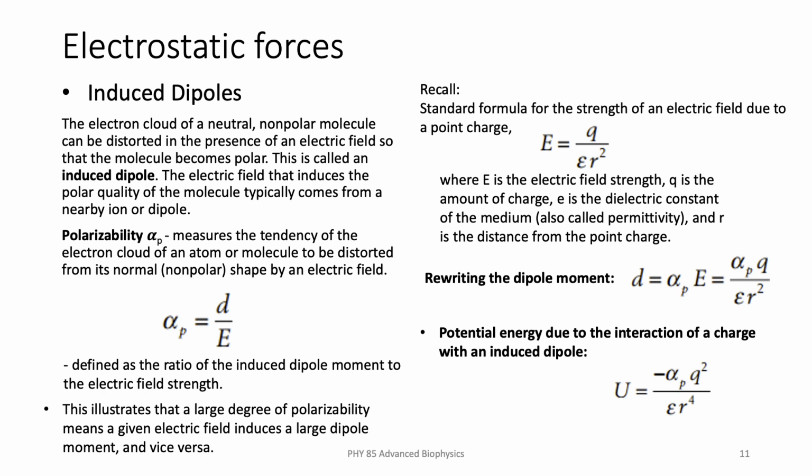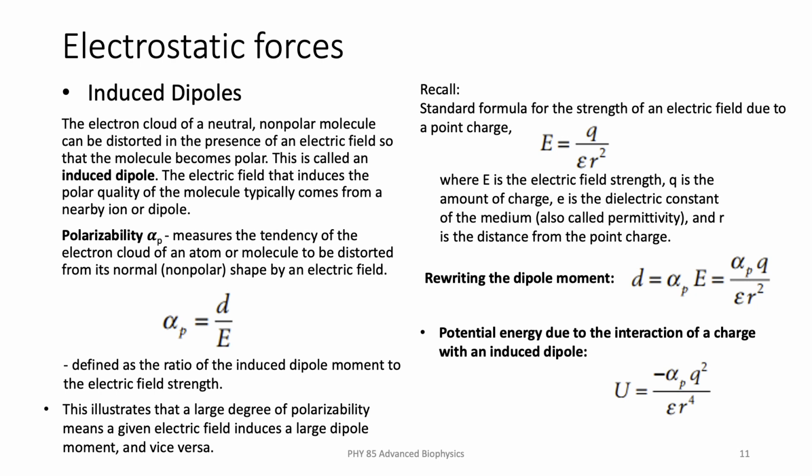Now we recall the standard formula for the strength of an electric field due to a point charge that is given in this form, where E is the electric field strength, Q is the amount of charge, epsilon is the dielectric constant of the medium, also called the permittivity, and R is the distance from the point charge.